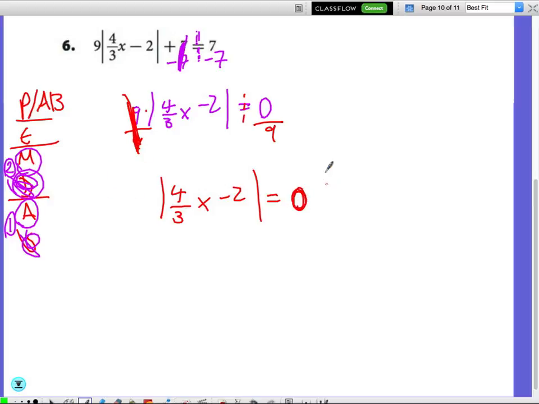Okay. So notice we don't have a negative number here, so that means that we have to go to step 2. So step 1 is done. We isolated, we got rid of that 9, that 7. So now we isolated the absolute value expression. Step 2 is to write 2 equations.